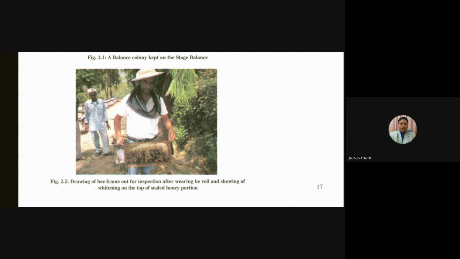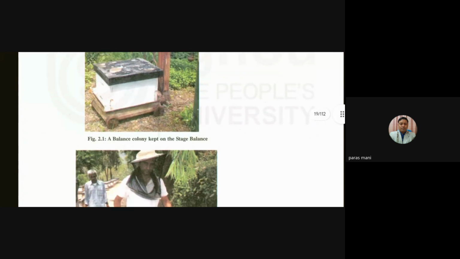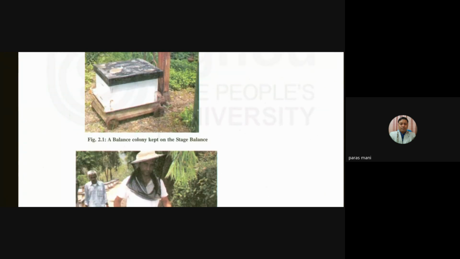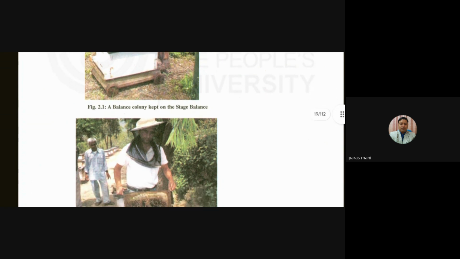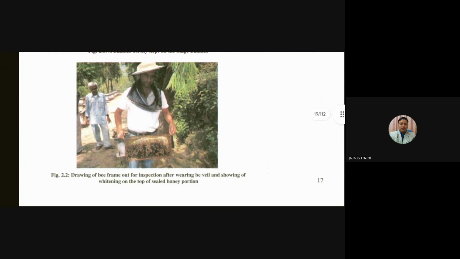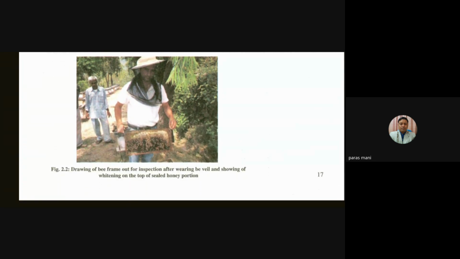If the collection of honey has started, the weight of the colony automatically increases. Or else you can also see it by monitoring the frames. Yeah, proper care also must be taken while monitoring.